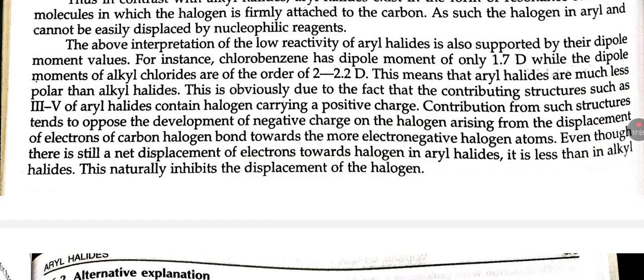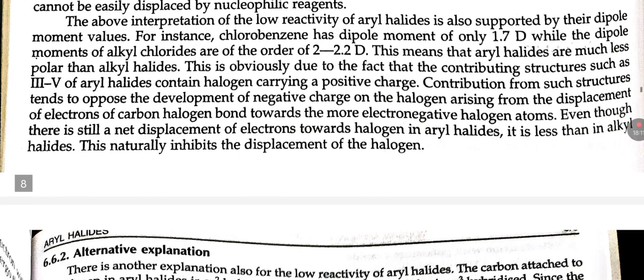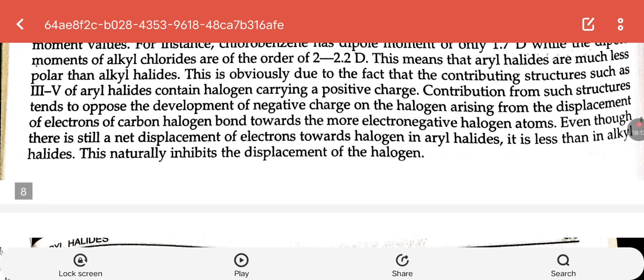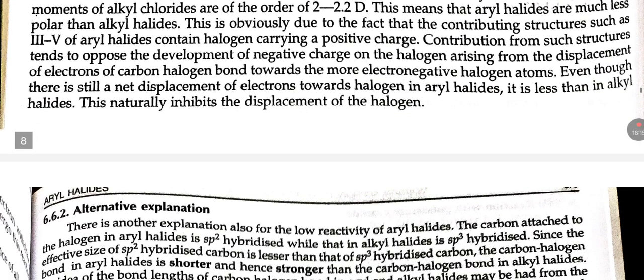This is obviously due to the fact that the contributing structures of aryl halide contain halogen carrying a positive charge. Contribution from such structures tends to oppose the development of negative charge on halogen arising from the displacement of electrons of the carbon halogen bond towards the more electronegative halogen atom.